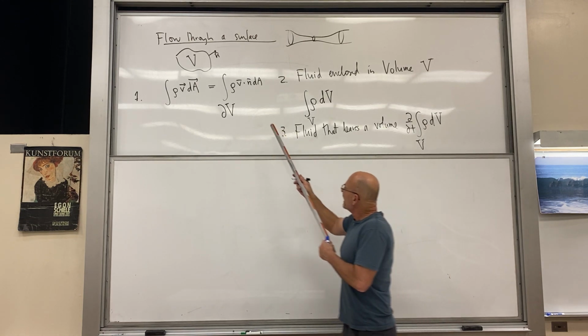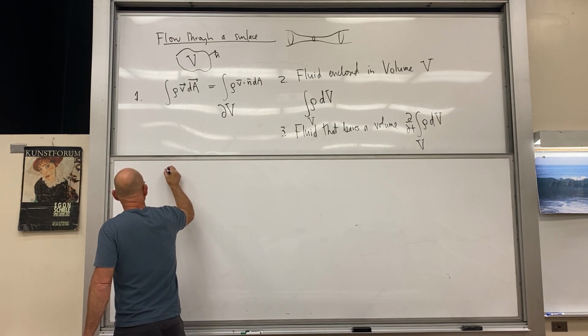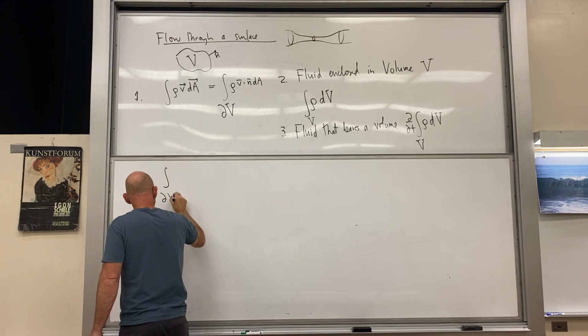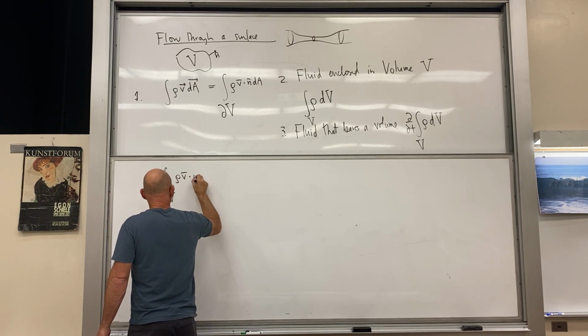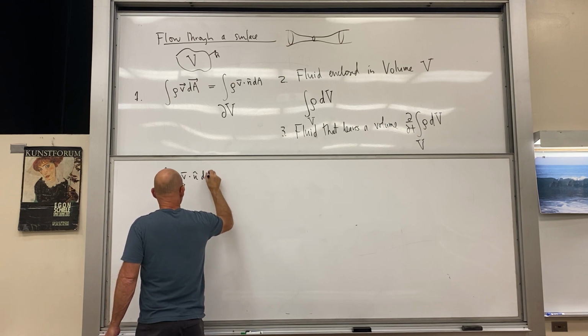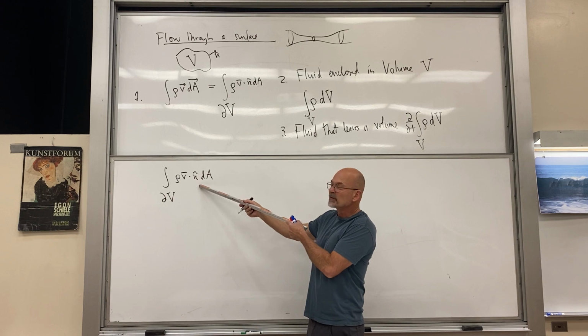So what we're going to have here is the integral over the boundary of the volume of the area. Now, this is an outer surface normal.